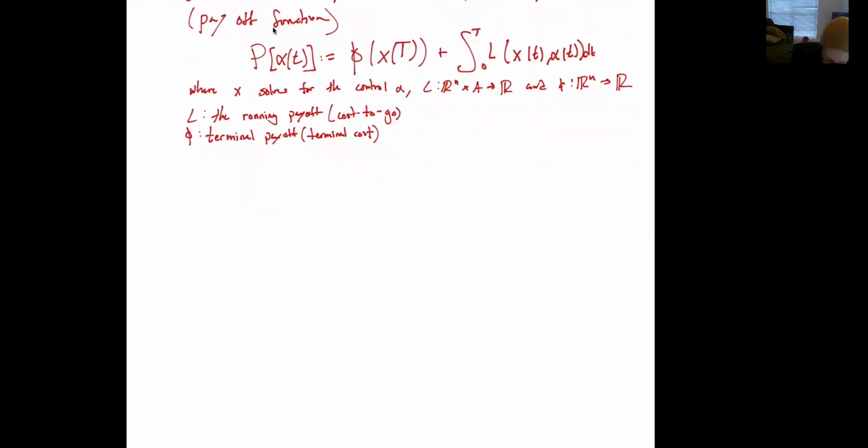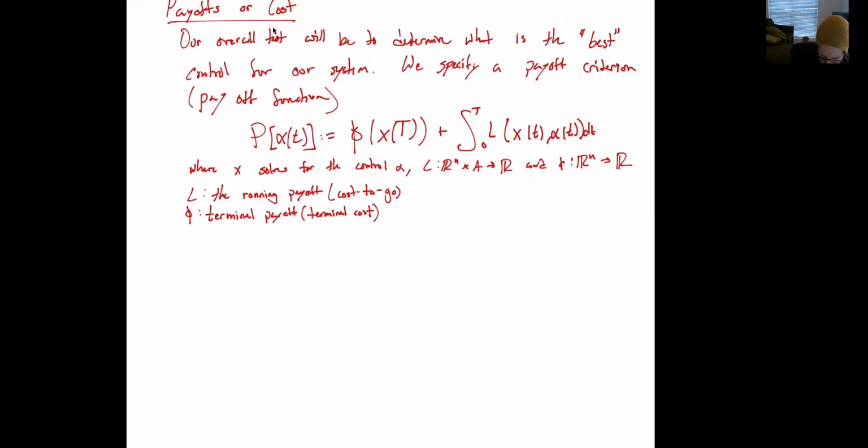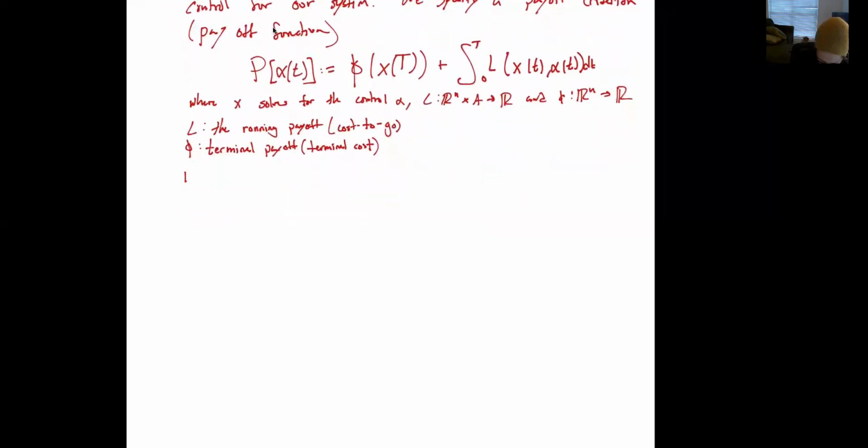All right, and for this particular payoff, we also need to specify the final time. So T is the final time. And so these three things are needed or given. By that I mean we either need to design what they need to be for our system, or they need to be given to us as the design requirements.